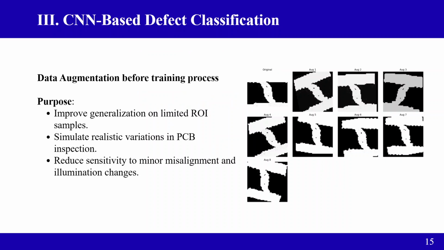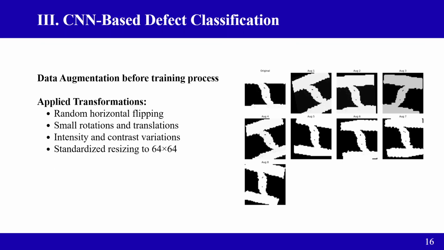Besides the model regularization, we also use data augmentation before training. This increases diversity from limited ROI images and makes the model less sensitive to small shifts and lighting changes. Specifically, we use random horizontal flips, small rotations, and shifts, as well as brightness and contrast changes.